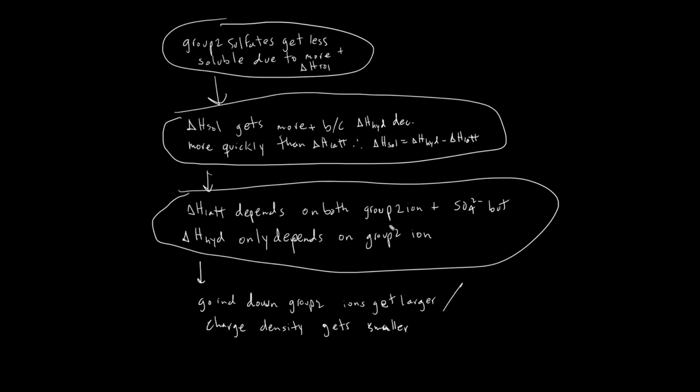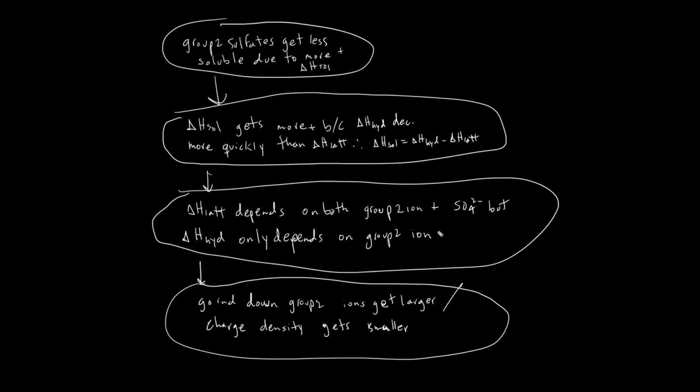And that explains why it's important that they depend on group 2. That, and then maybe here as an aside, because we also got to explain sulfate, SO4 2 minus is large and outweighs the group 2 ions.